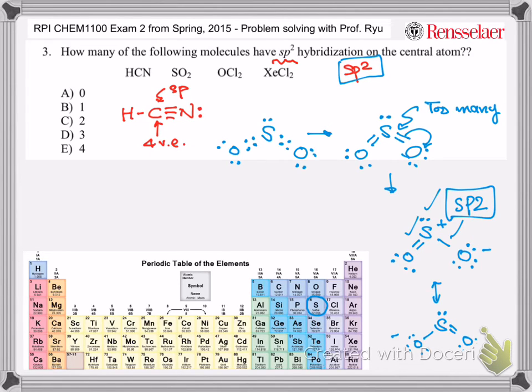So this is an sp2 hybridization here, and the carbon here is sp. And let me finish up the rest of these two, just in case you're wondering what kind of hybridization they have.